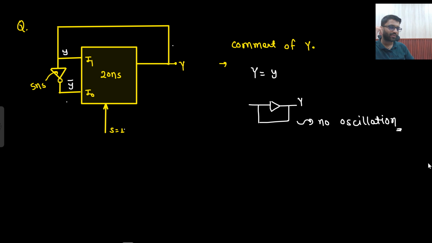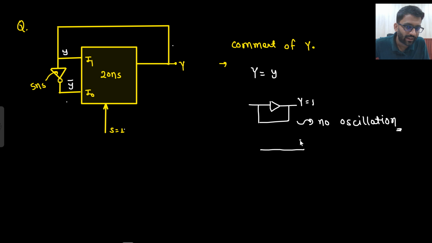So what is that? Monostable or bistable? Monostable means there is only one stable state. If it is 1, for a momentary time it can be 0, then again it will be 1. And bistable means 2 stable states. If it is 1, it will be 1 only. But if you apply some trigger and make it 0, it will always be 0. Let's say my Y was initially 1, so it will always be 1.